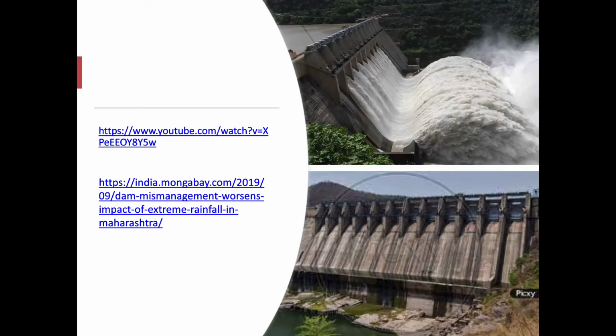So there's a little terminology point here. Surface runoff is water travelling over the surface of the land because it cannot infiltrate, whereas river runoff is water in the river. Now you don't need to know a lot about dam mismanagement, it's just one thing.